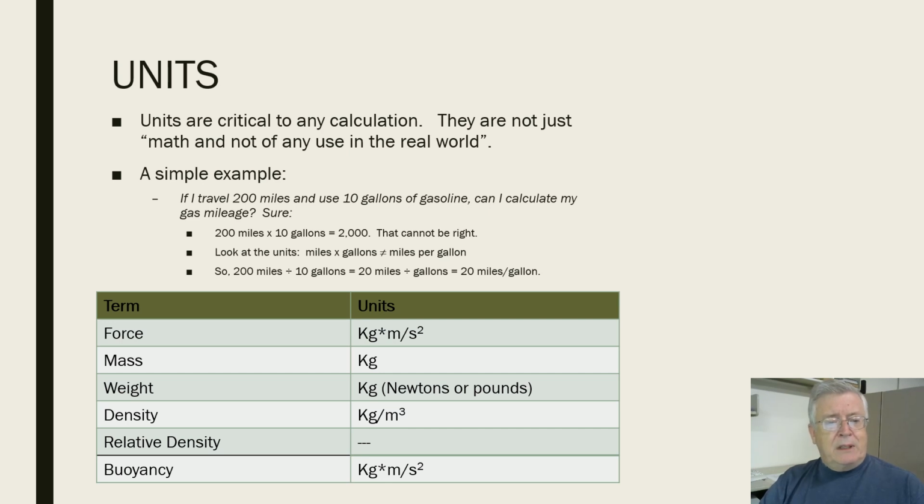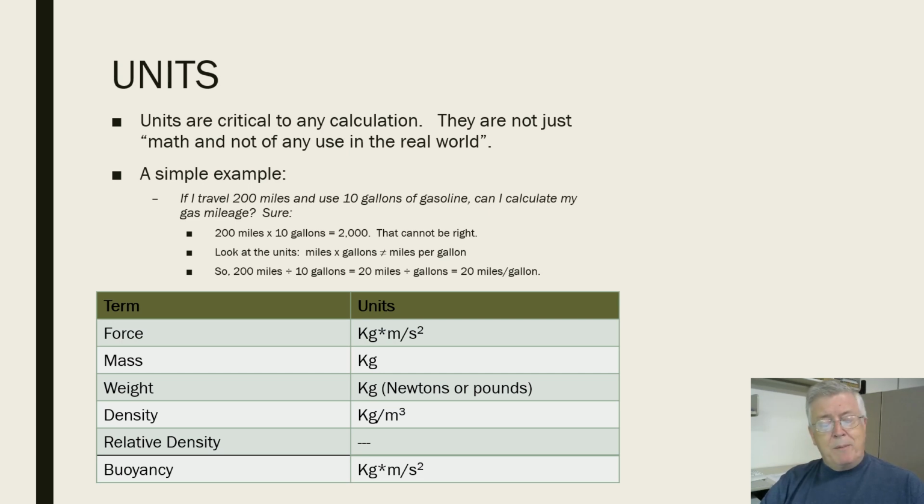Density, remember, is mass per volume. So density is kilograms per meter cubed. Volume is three-dimensional.